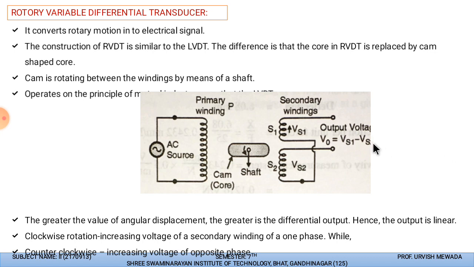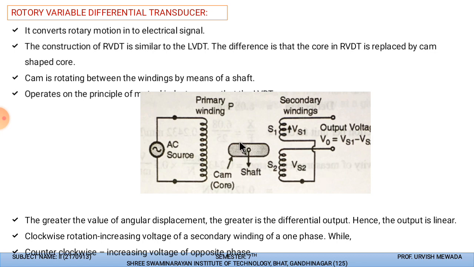Basically, the fundamental is that suppose this point is nearer to S1, so S1 has the maximum EMF, and this other point is exactly 180 degrees from this point. Whenever this point is at S1, the opposite point is far from S2, so S1 will produce the maximum EMF compared to S2.